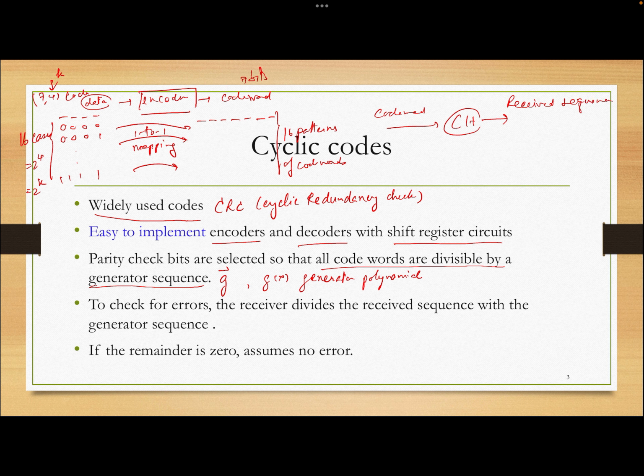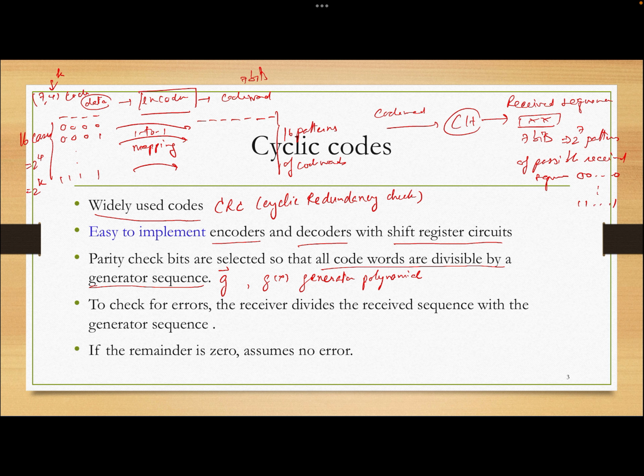This receive sequence can have some errors, and this is 7 bits. So there are 2 to the 7 possible receive sequences, right? From 0000000 until 1111111.